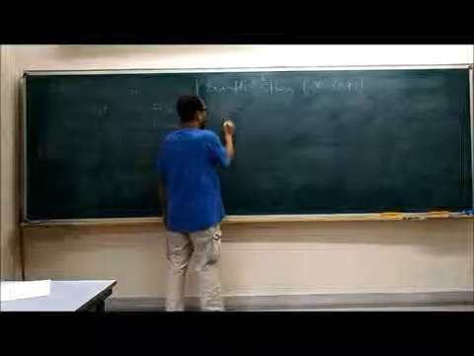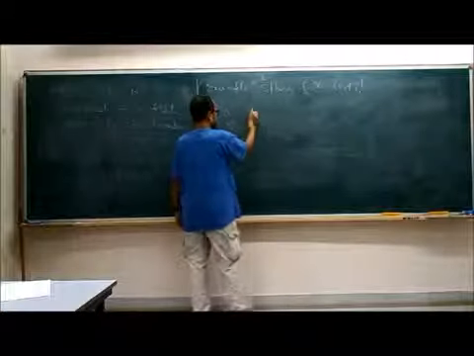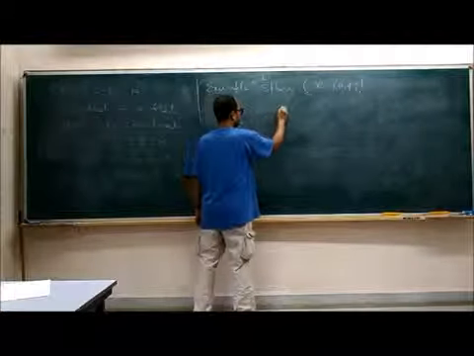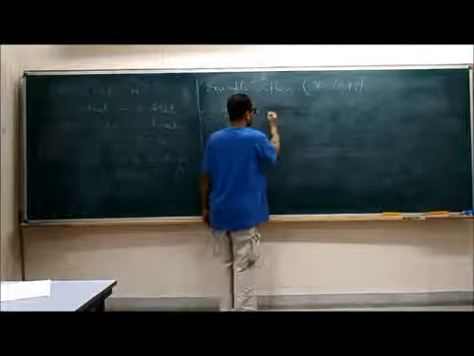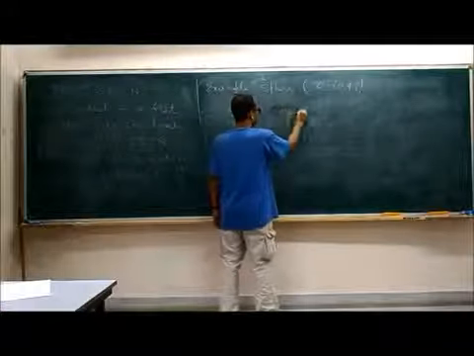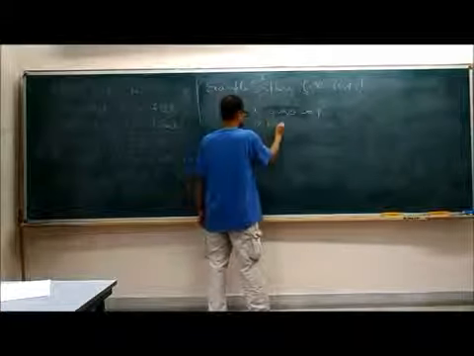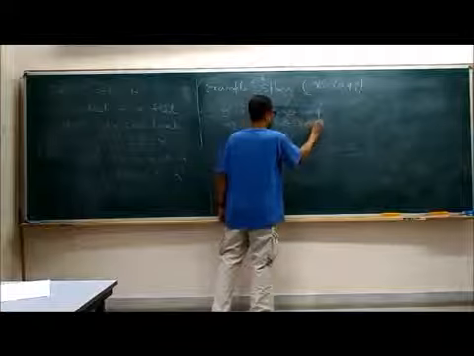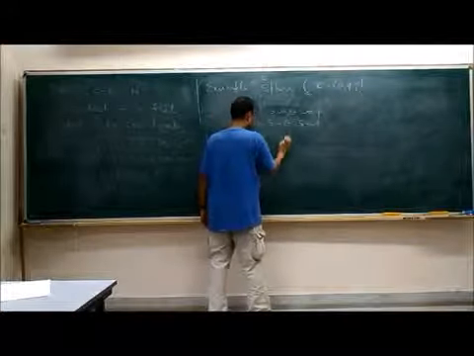So y1, y2 and y3 can be written as a cos theta, a sin theta cos phi, and a sin theta sin phi.